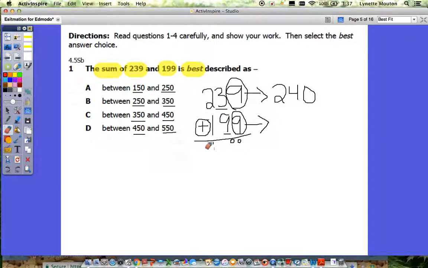When you have one that goes from like a 99 up to 100, just go back to your original number and look at it and see what would make sense. It would not make sense to take 199 to 100. That means you would have to go 99 places if we were running, remember our 100s grid? If you're running away from that dog, you don't want to go 99 spaces. You want to get as close as you can. So what's right next door? 200 is right next to it.